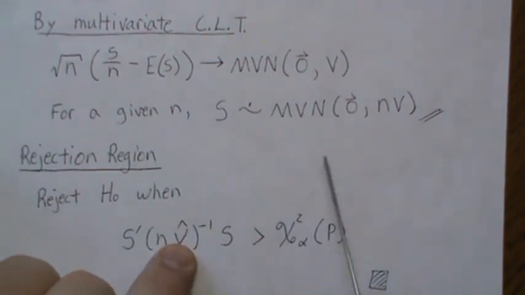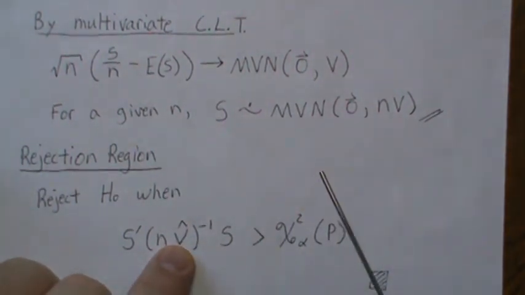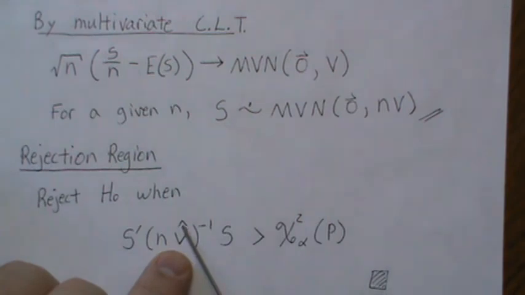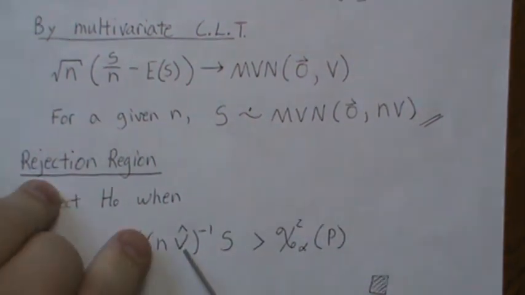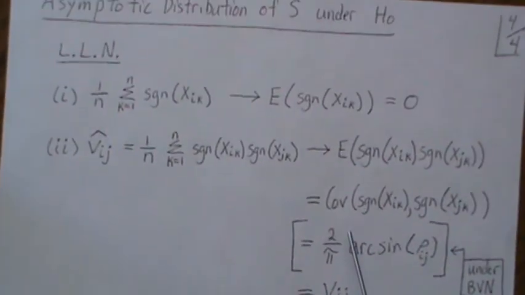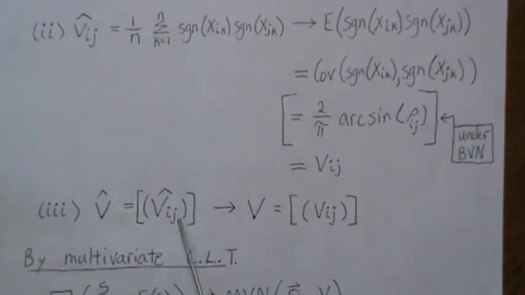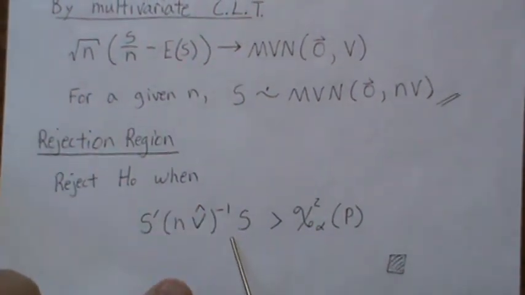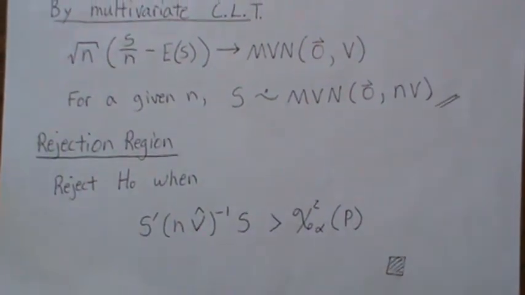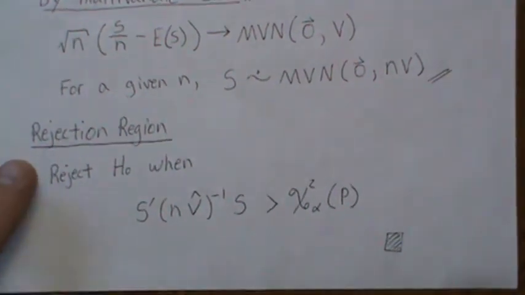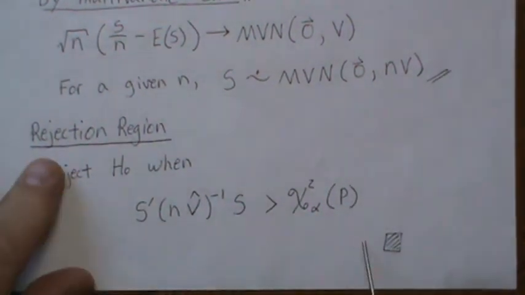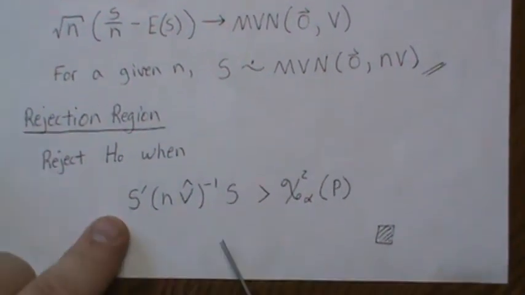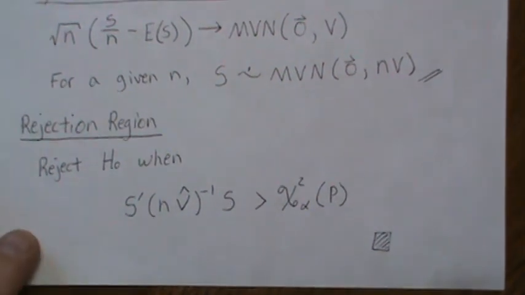But there I used the actual V in my video. Here this is an estimate of V. But since this estimate is a consistent estimate of V, and that's what we showed here, we can use Slutsky's theorem, and then asymptotically this still does achieve the chi-squared with p degrees of freedom. And p is the number of components in our test statistic.